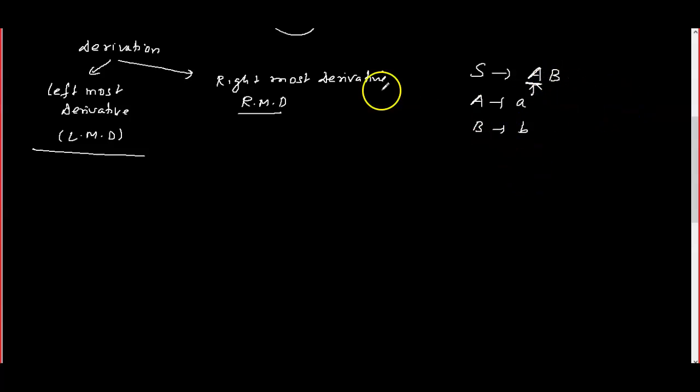Similarly, for the rightmost derivation, RMD, first we have to substitute the value of B from the right-hand side. I will take an example, then you will understand better.